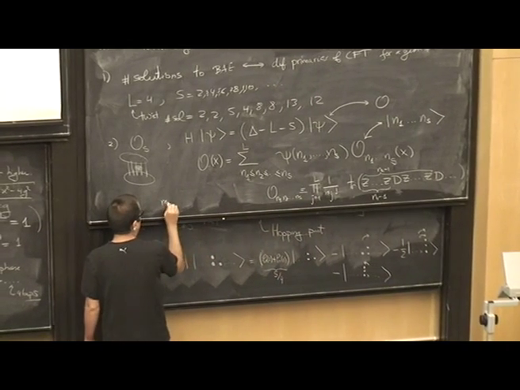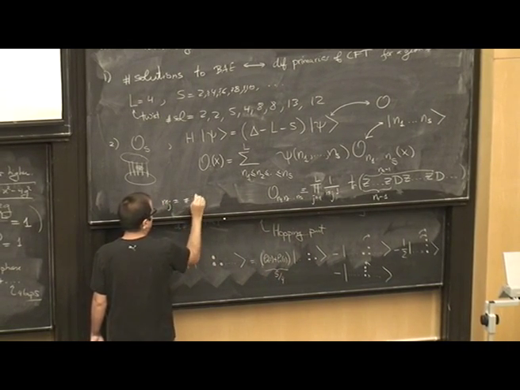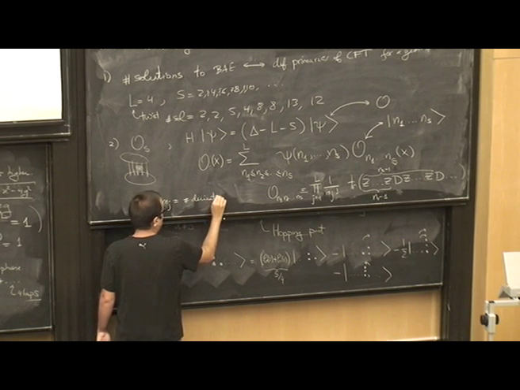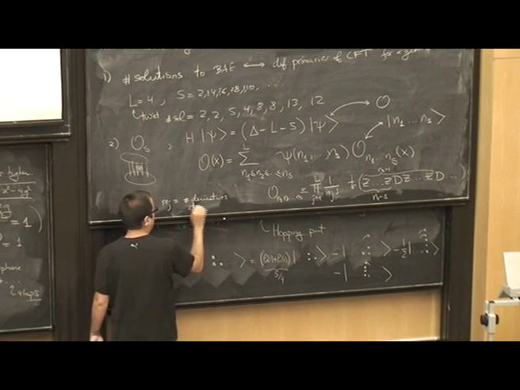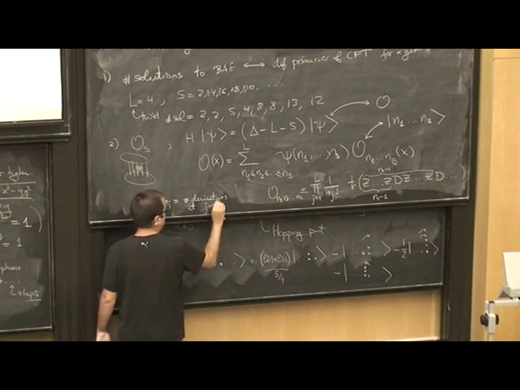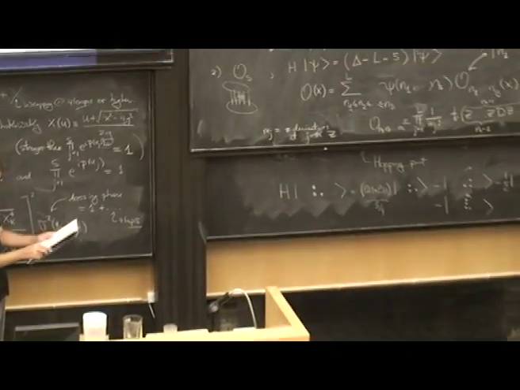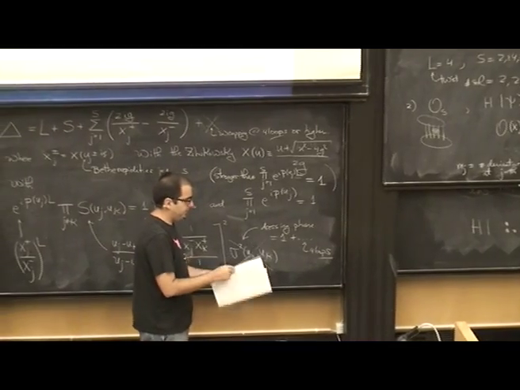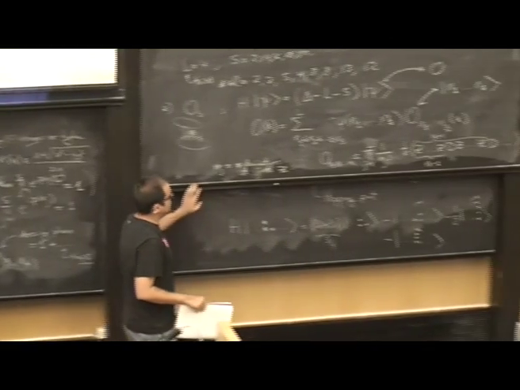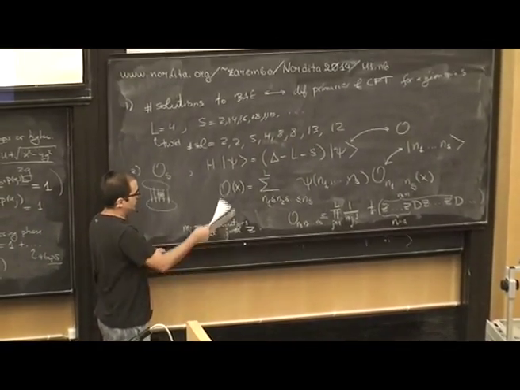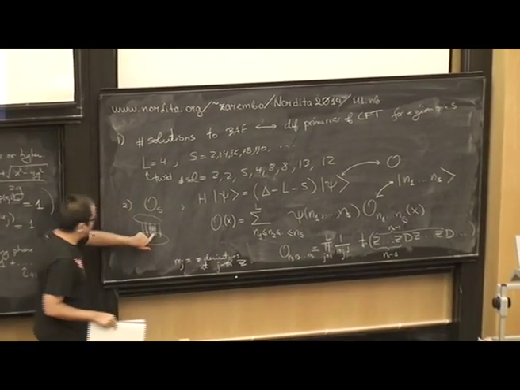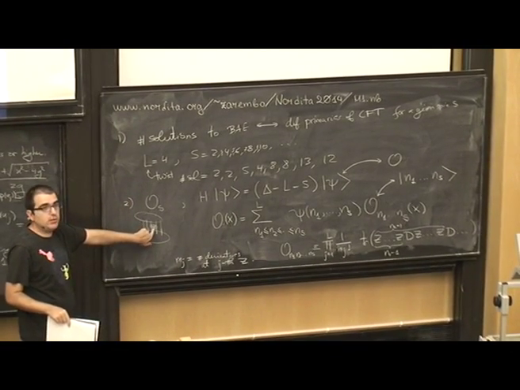Okay? So mj is the number of derivatives at the jth scalar. And once you have this map to a spin chain, which is just, of course, a matter of language, what matters is that because of perturbation theory, your spin chain is local.